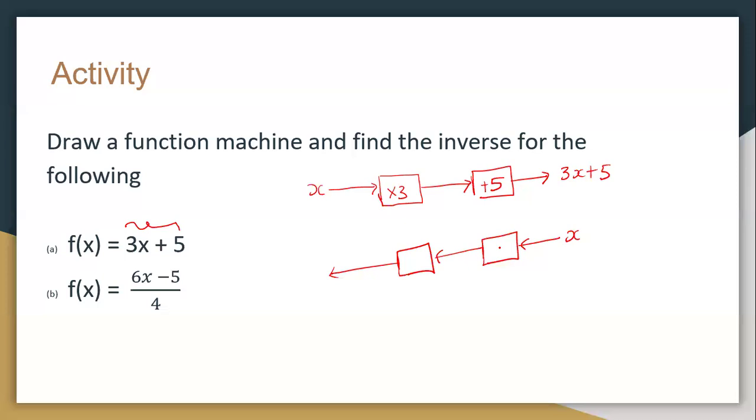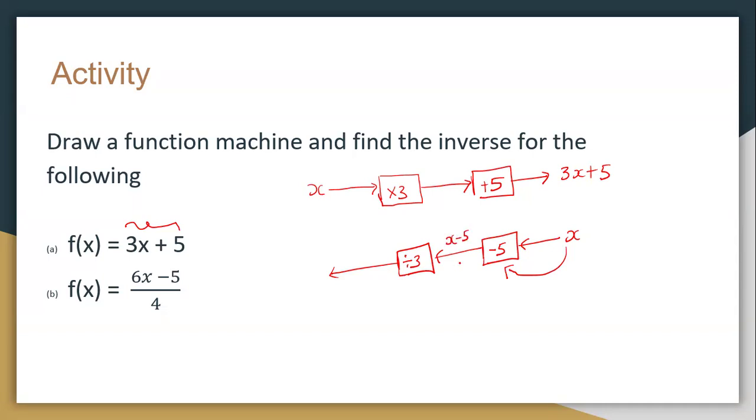So here, what did you have? That is minus 5. Then that is divide by 3. Okay, and for the first box when you enter this, what was your output here? x minus 5.